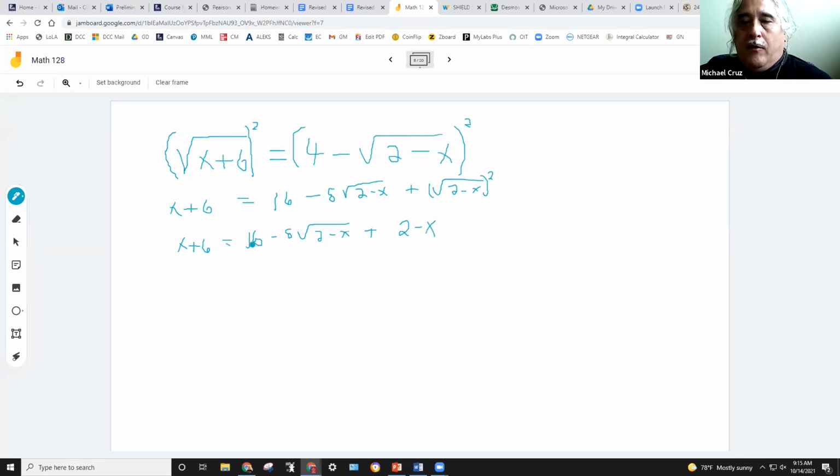So now we got to put together our like terms. So 16 and 2 is 18. And then I'm going to put the negative x over here.